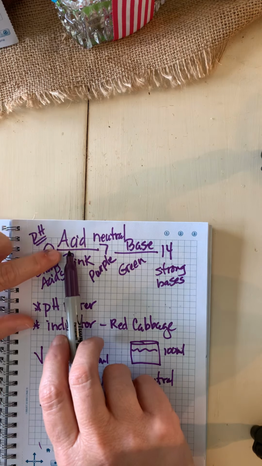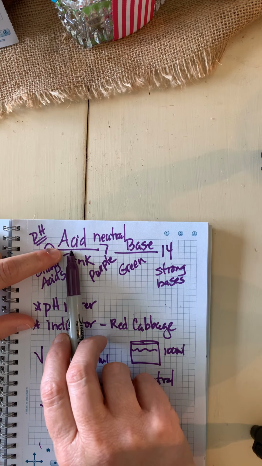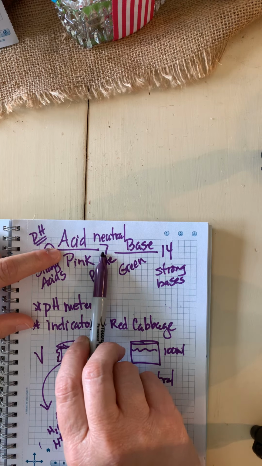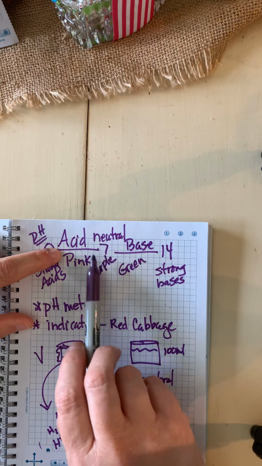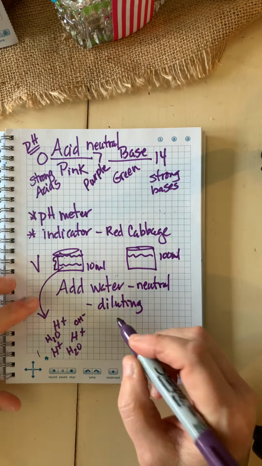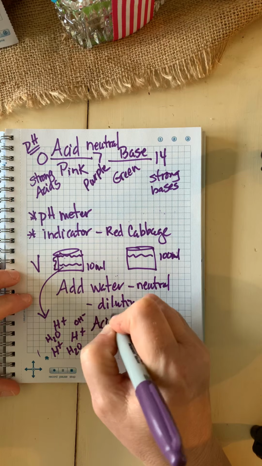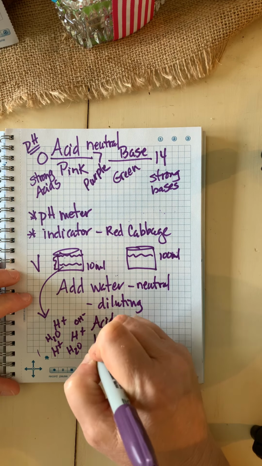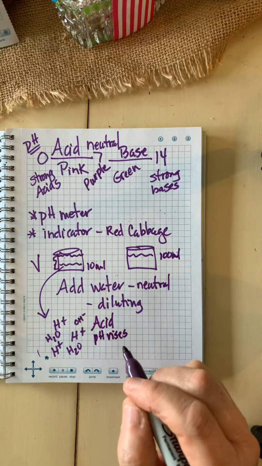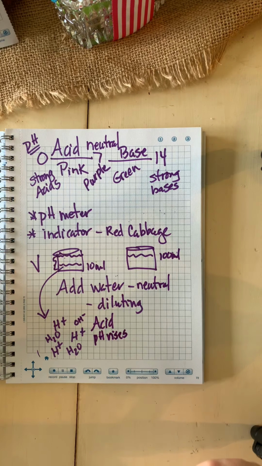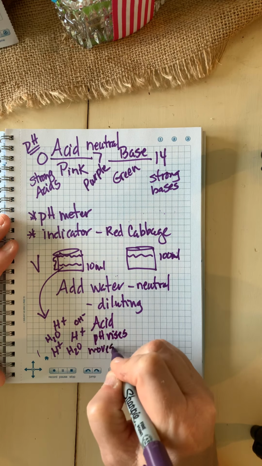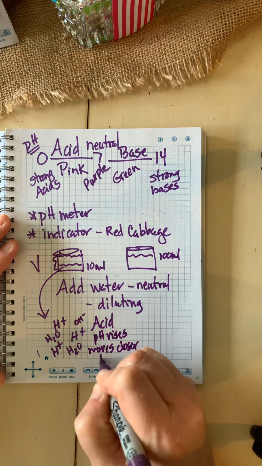And so something like orange juice that may have a pH of 3, as you add more and more water and you dilute it, the pH is going to begin to rise and come closer to being neutral. So we might say that adding water to an acid will cause the pH to rise. And that actually decreases the acidity. So it moves closer to 7.